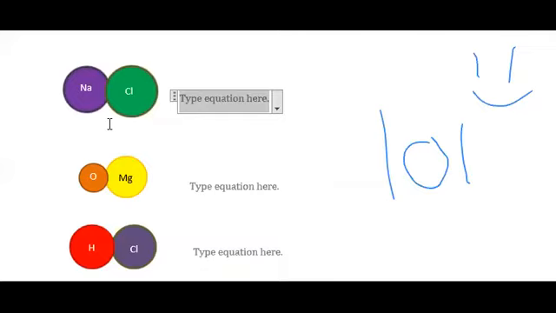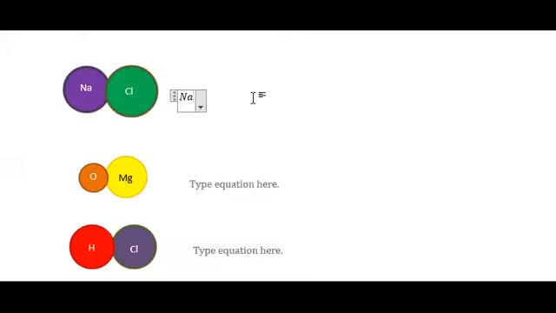And the metal always comes first in a chemical equation. So how would you write it as a chemical formula? Yeah, it's simple as NaCl, right? Do you guys get the hang of this so far? Let's try the second one.